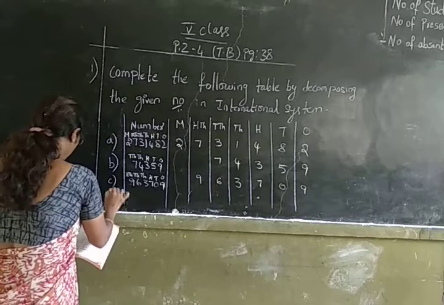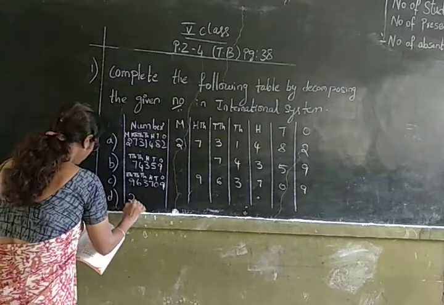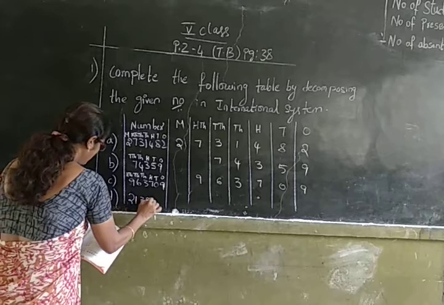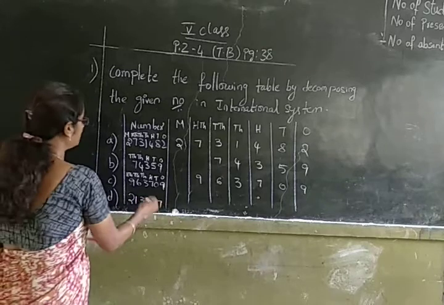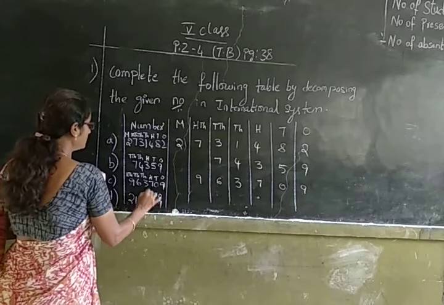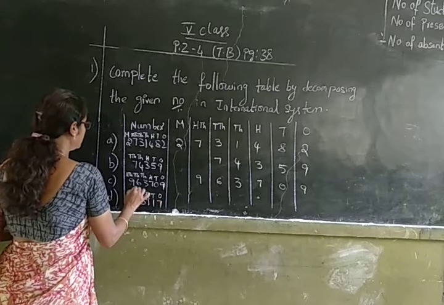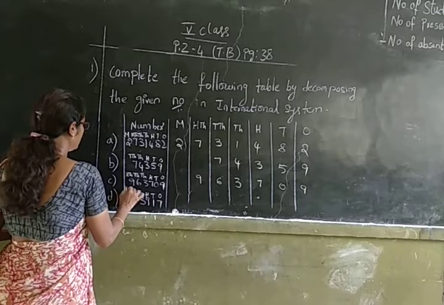Next, the next sum. Okay, first let us write down the places. Ones, tens, hundreds, thousands, 10,000s, 100,000s.